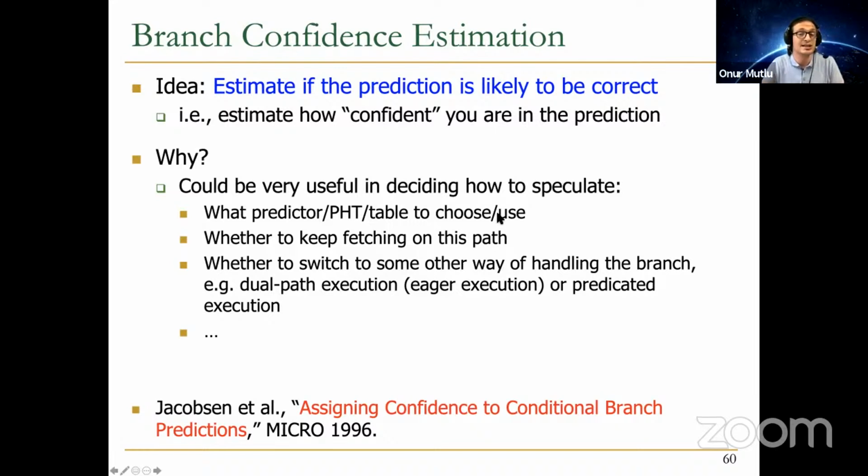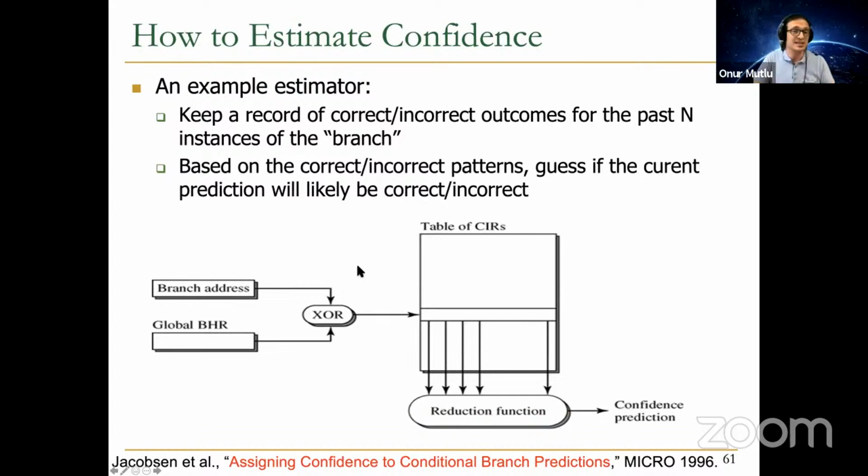Or whether you want to switch to some other way of handling the branch, like eager execution or predicated execution, which we don't have time to cover, but you can find on the slides. And slides also have pointers to some other lectures that cover these concepts. So basically, it can decide to do something else, right? Based on, or which predictor to use. You can decide many things based on this confidence. So how do you actually estimate this confidence?